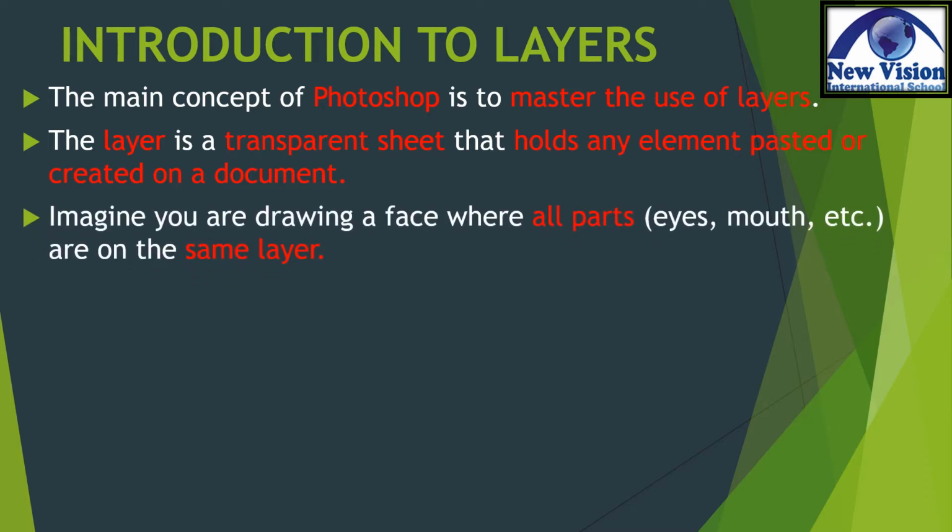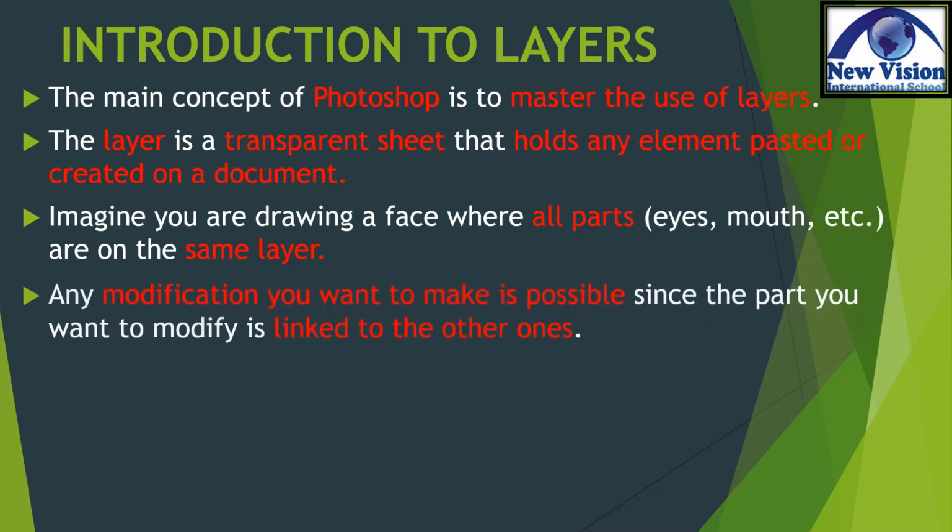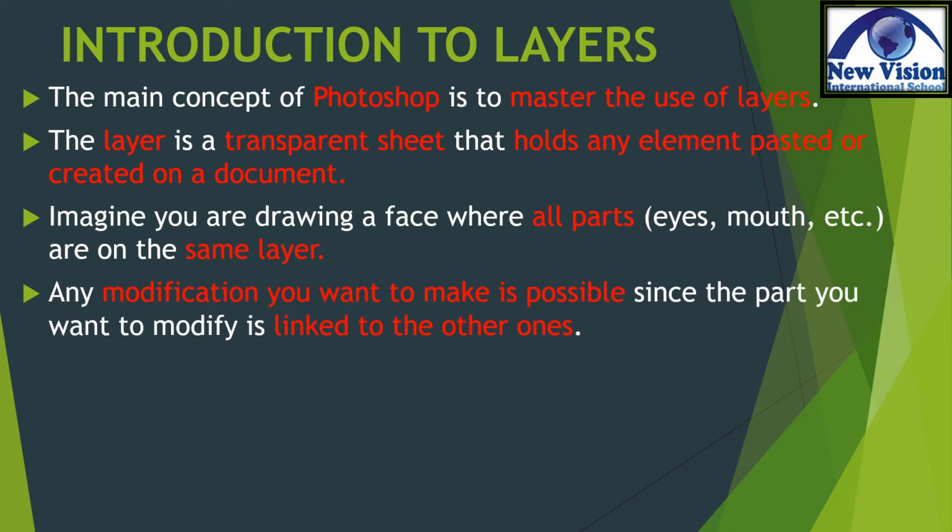Imagine you are drawing a face where all parts, such as eyes, mouth, and the like, are on the same layer. Any modification you want to make is difficult, since the part you want to modify is linked to the other ones.